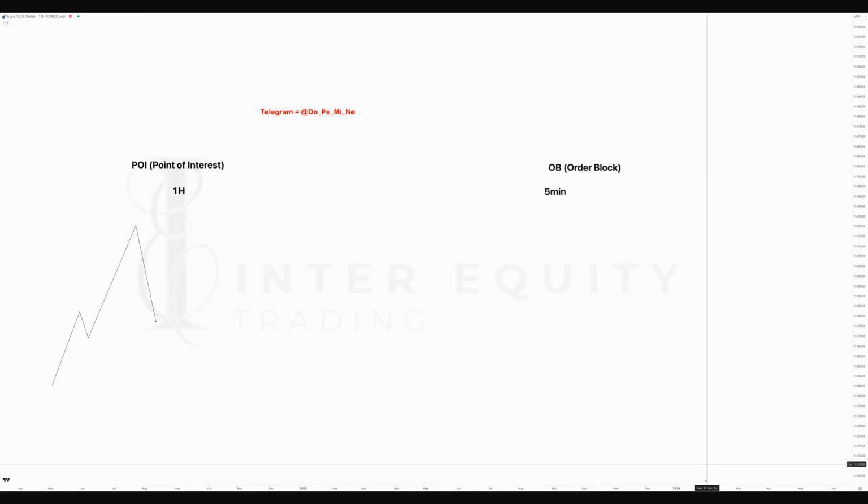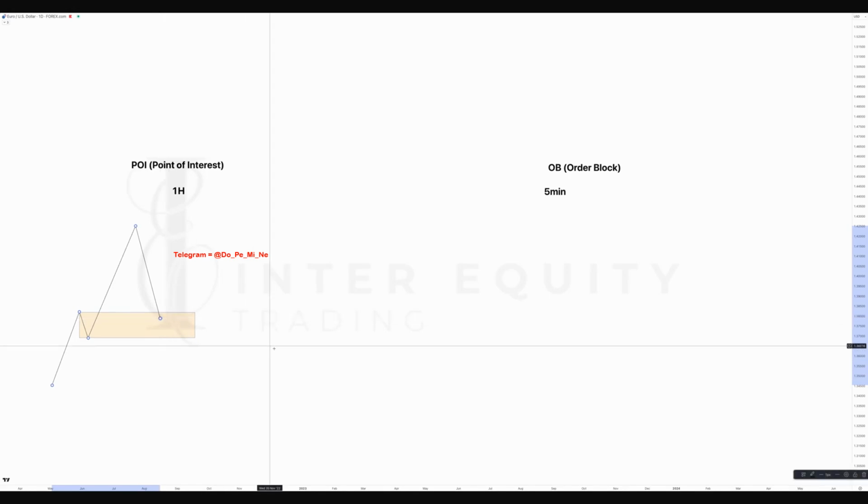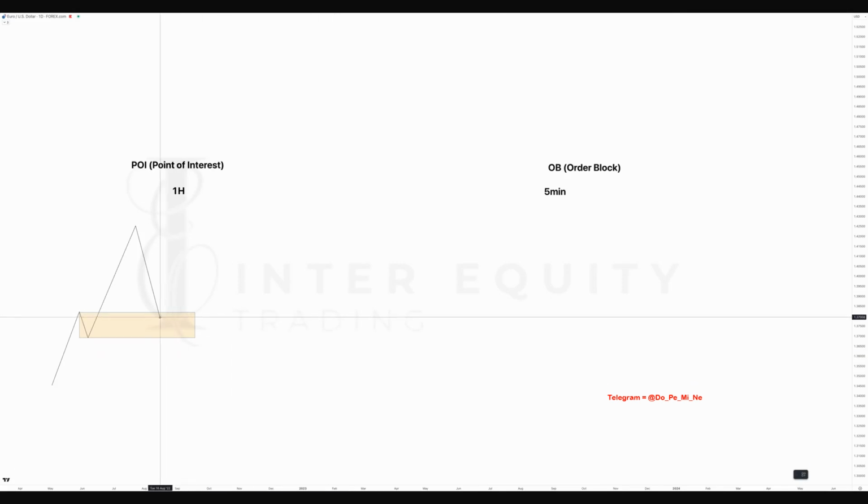Okay, so let's say this right here is your POI, and price returns to this area right here. Let's say it looks like this. This is your POI right here.